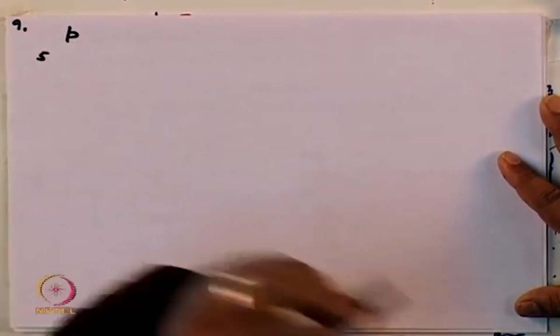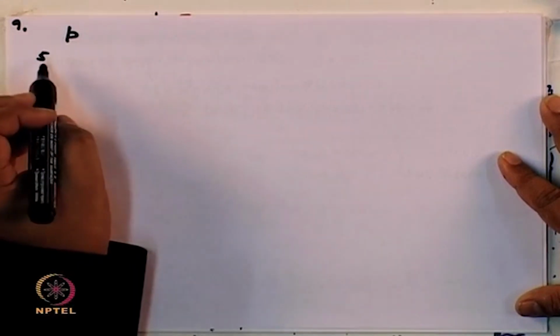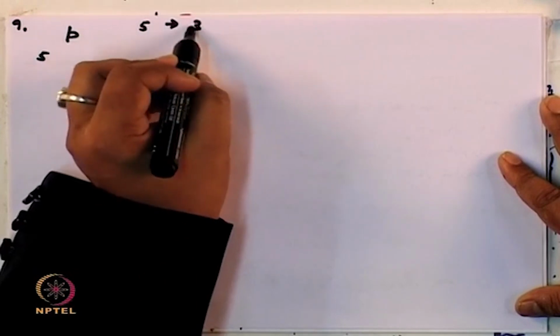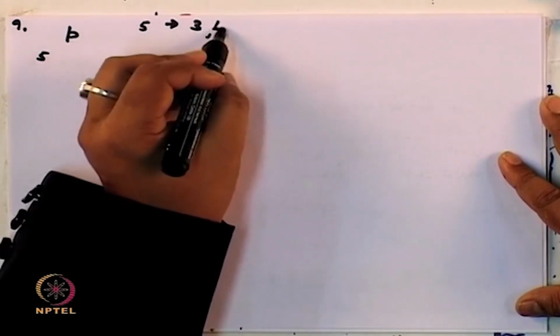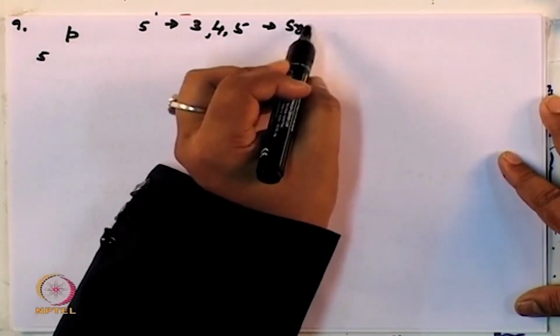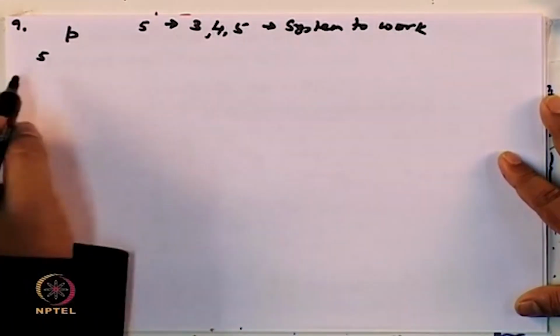So, for the 5 component system to work, from 5 you must have at least 3 components working, 4 components working or 5 components working for the system to work. Okay. So, what is the probability?